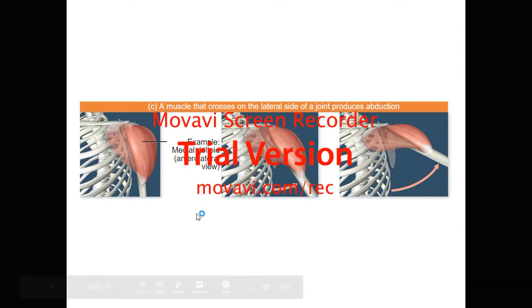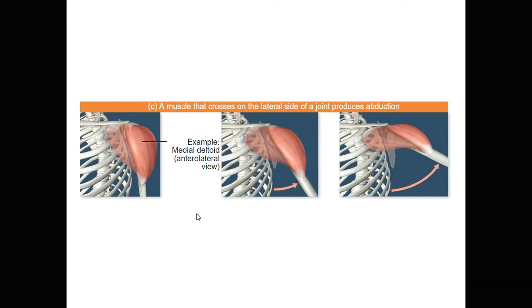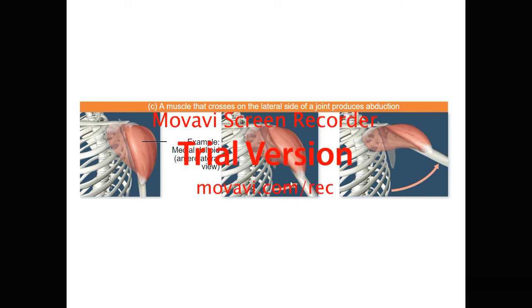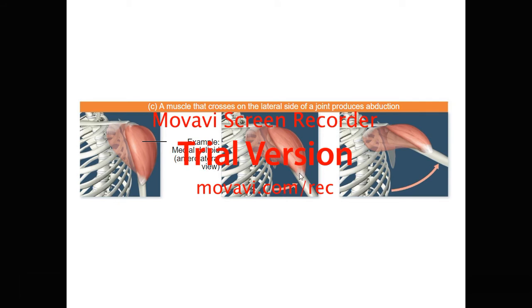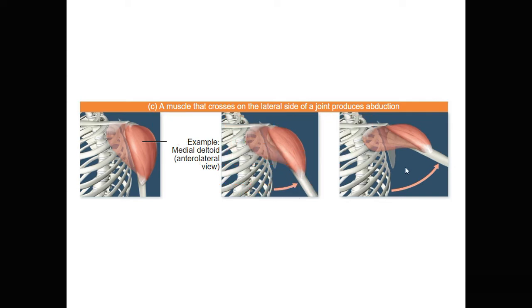All right, a muscle that crosses on the lateral side of a joint produces abduction. Example, the medial deltoid muscle. Abduction, all right? It's moving the arm, moving the shoulder up and away from the body.